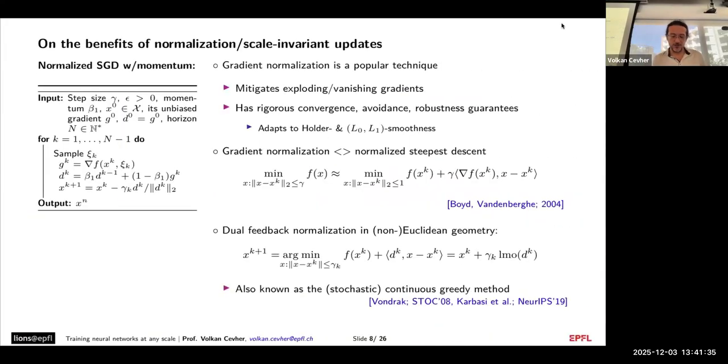the output you get is actually that, right? Provided that your dual feedback is the deterministic gradient. You can see this in chapter 9 of Boyd and Vandenberghe, as early as 2009. And conceptually, you can also generalize this to non-Euclidean geometry, right?